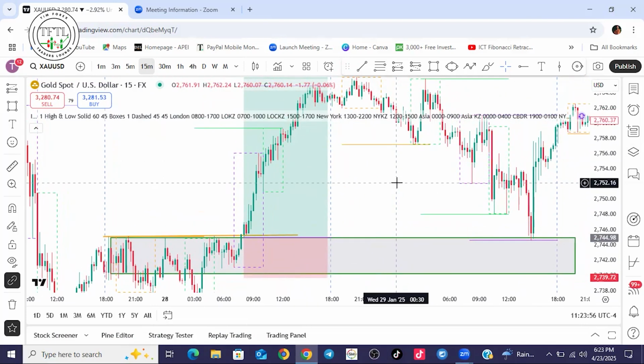So ladies and gentlemen, one thing that you need to understand is that these strategies, especially if you are trading only one instrument, will not happen all the time.